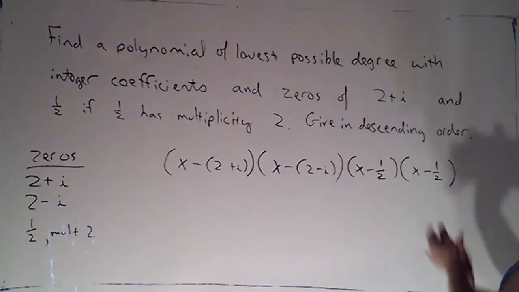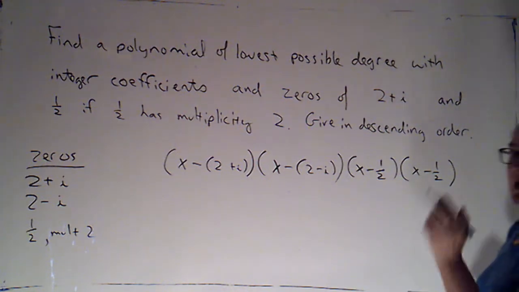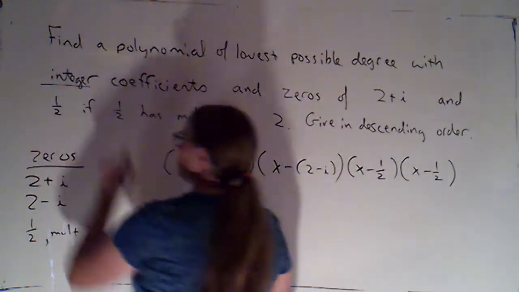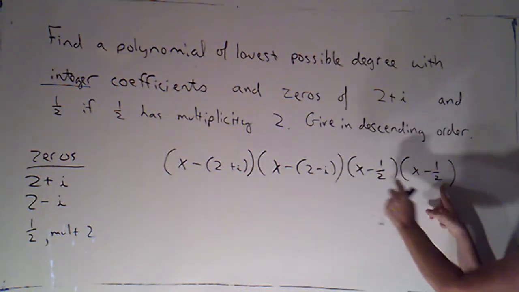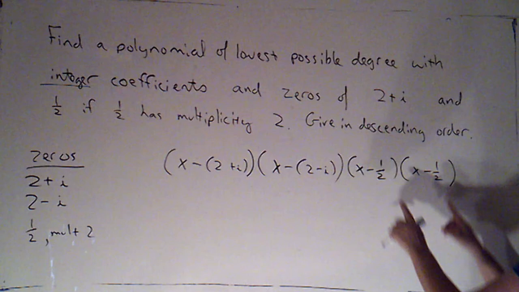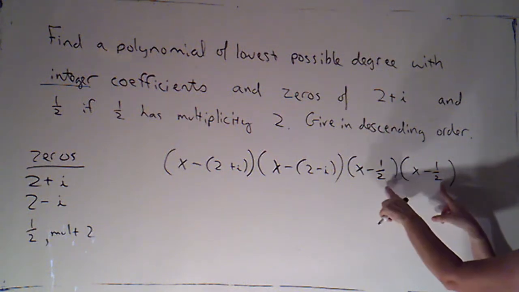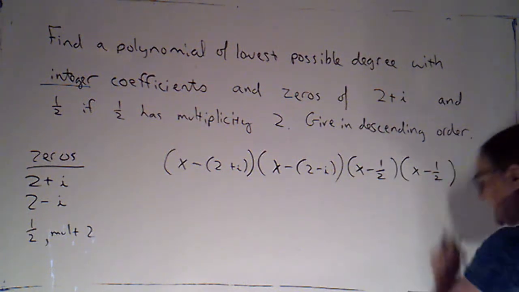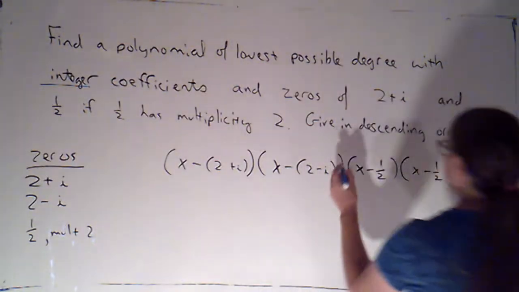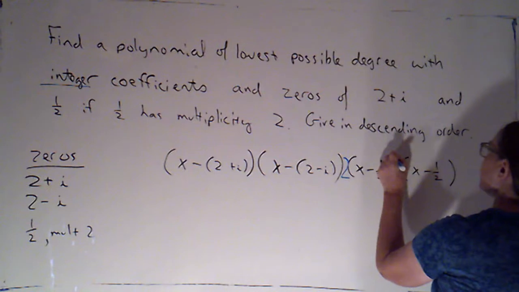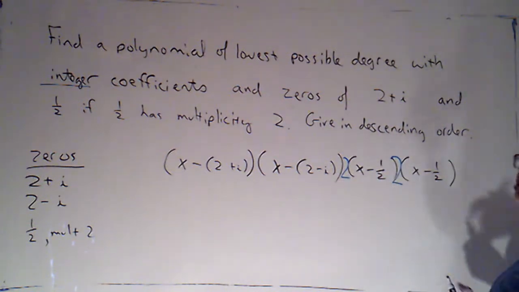Now, before I go and multiply this out, I'm going to recall that we were asked to have integer coefficients. If I multiply this out now with fractions in it, I'm going to get fractional coefficients. So what I need to do is clear those denominators. So each of these factors of x minus 1/2, I'm going to multiply by a constant factor of 2.